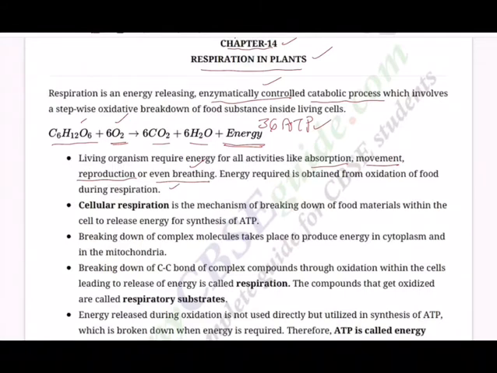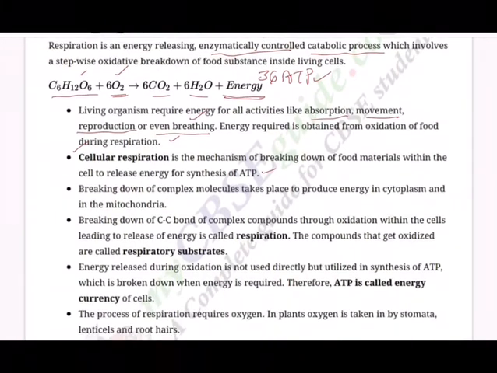If someone asks you what is respiration, you can say oxidation of glucose or oxidation of food. And since it is taking place inside every cell, we can also call it cellular respiration. It is the mechanism of breaking down of food materials within the cell to release energy for the synthesis of ATP.